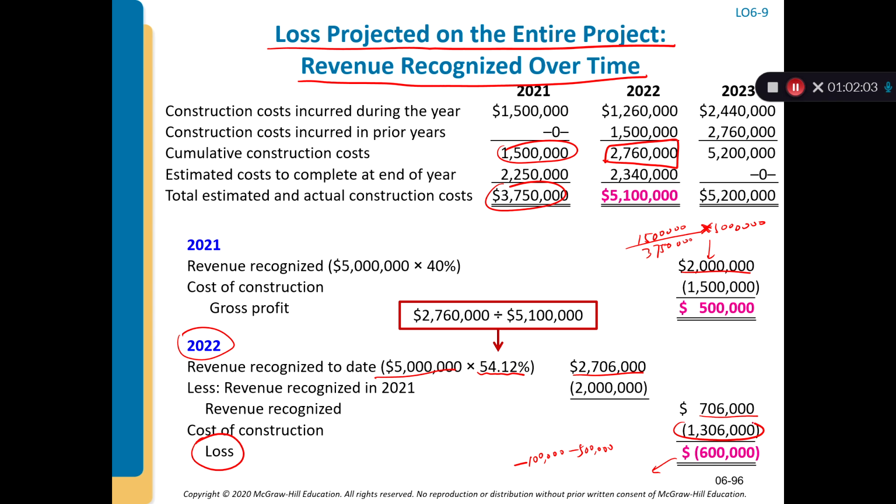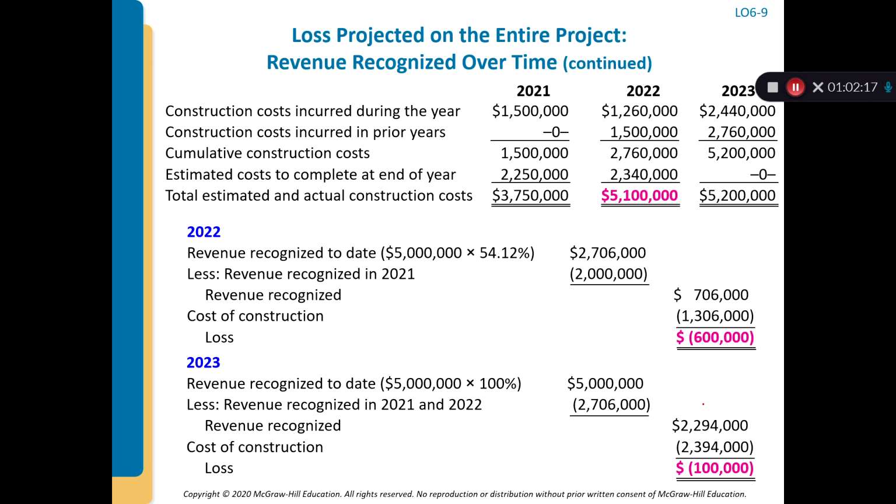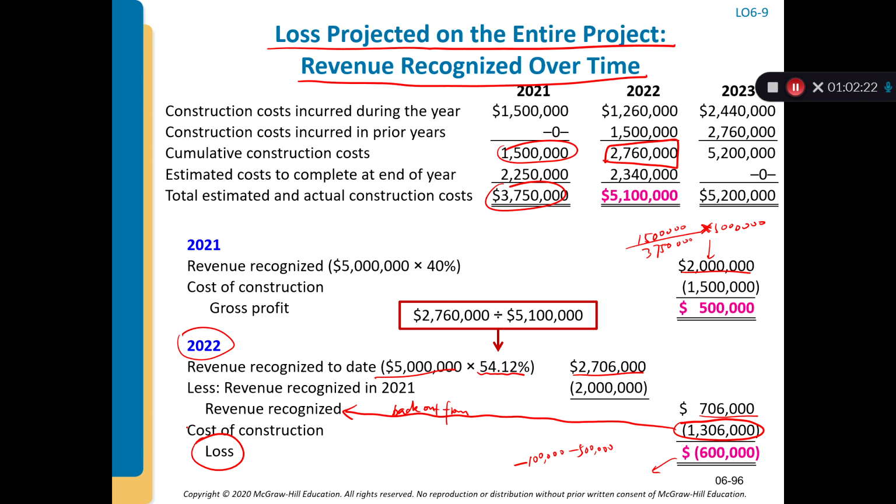So the revenue recognized number is backed out from 600,000 minus this number. Okay. In other words, the cost of construction, this number, is determined after you know the revenue recognition and the profit or loss; you back it out.